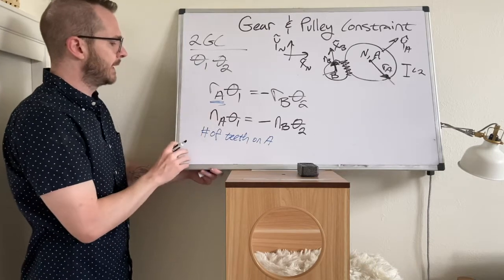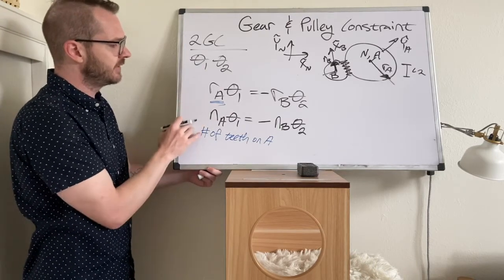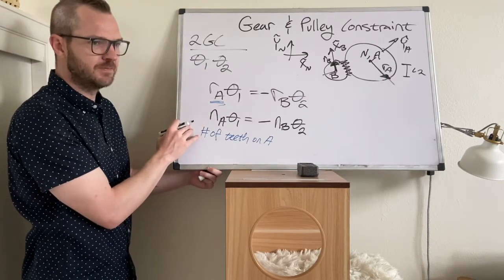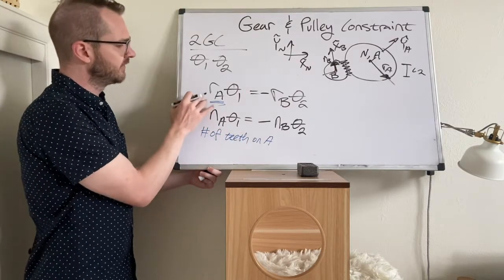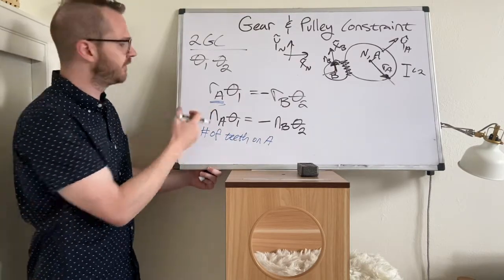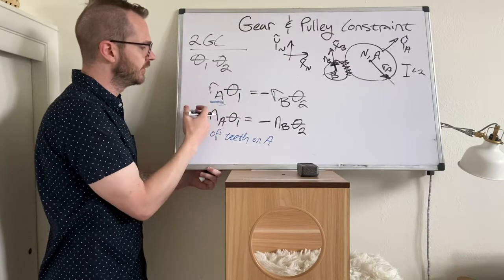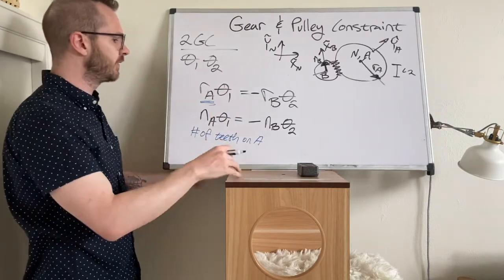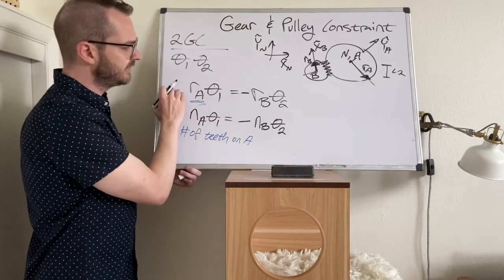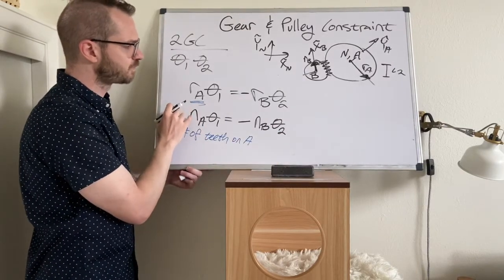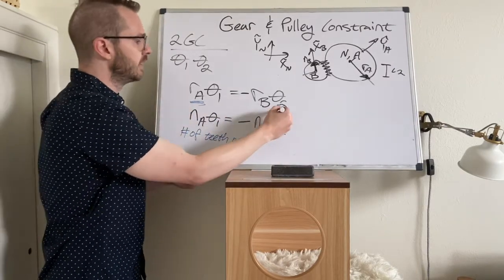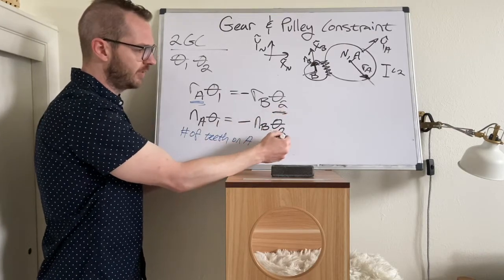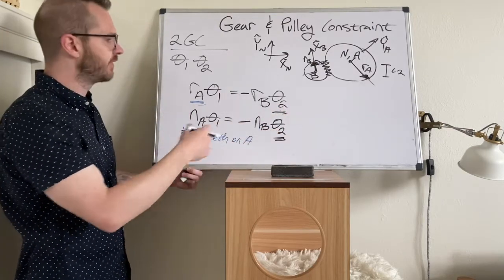That's fine. You might be looking at this and wondering what is the connection between these, because this seems almost convenient if this ratio of the radii is also the ratio of the number of teeth. And when I say ratio, here's what I mean. Let's take these equations and let's solve them. Let's say that the output is theta 2. So let's solve them for theta 2.